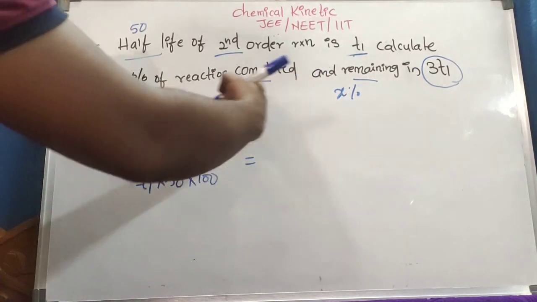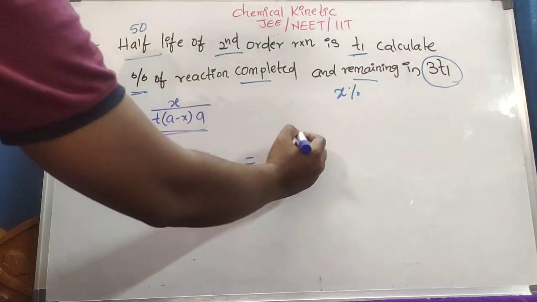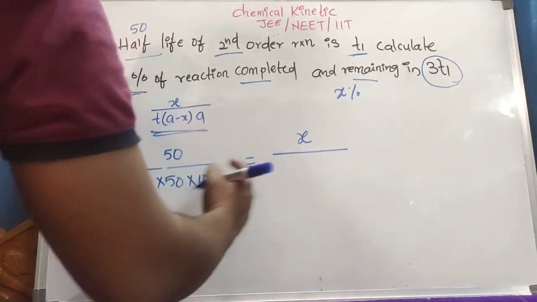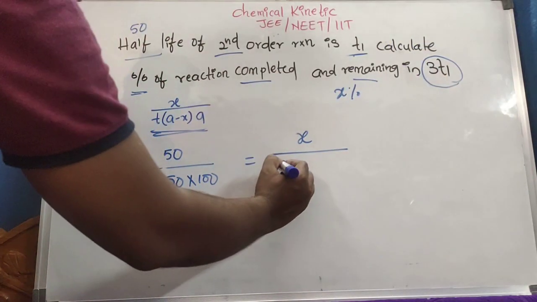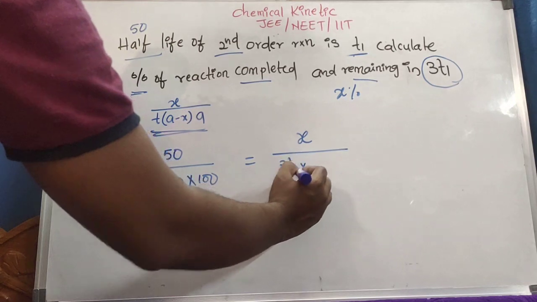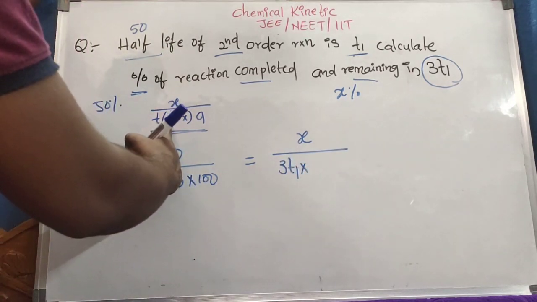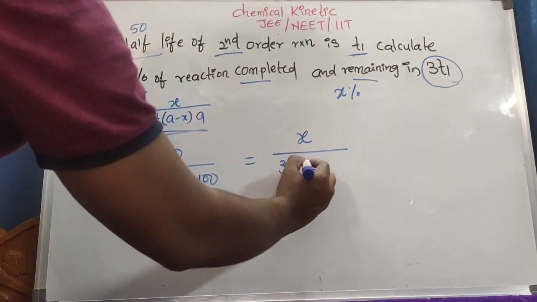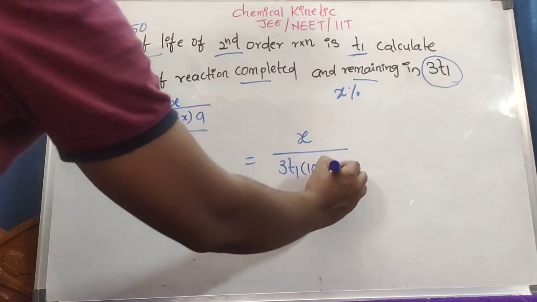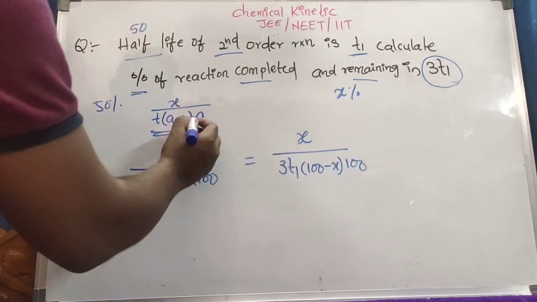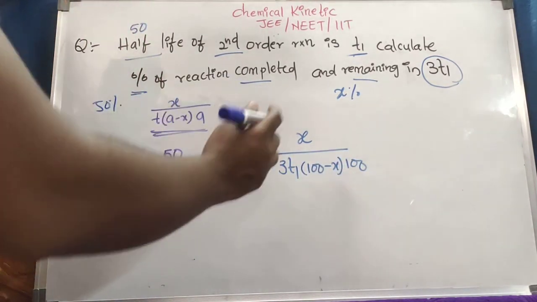To calculate the percentage of reaction, X by the time 3T1, into (100 minus X), into 100, where a means the initial concentration, that is 100.